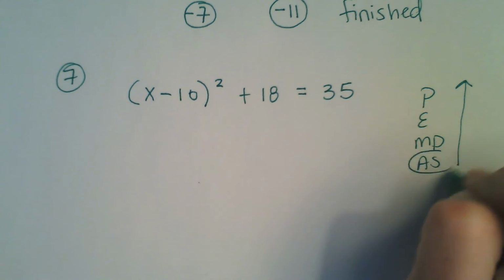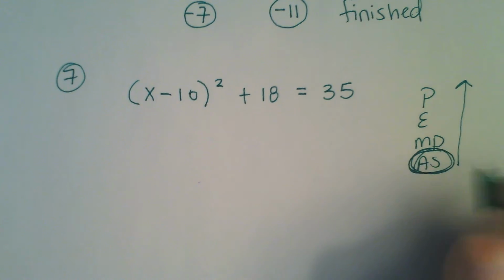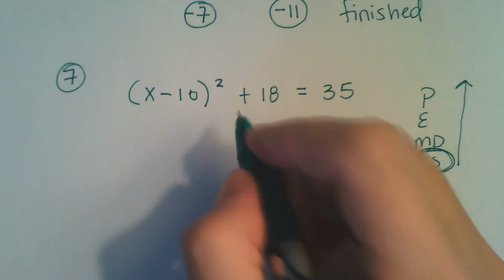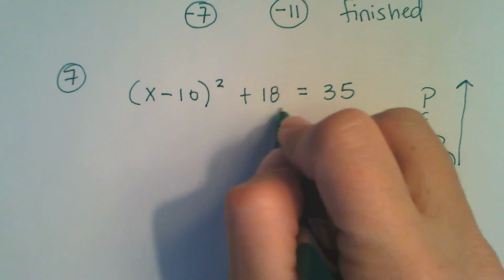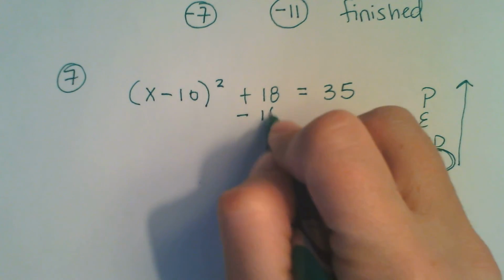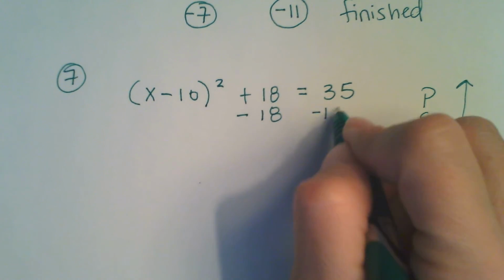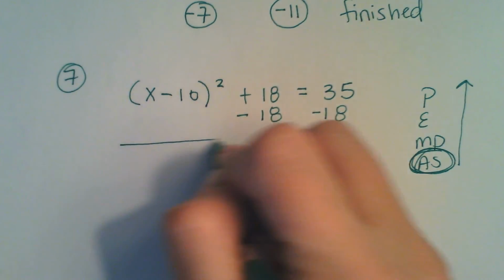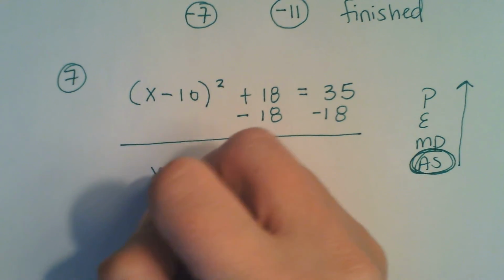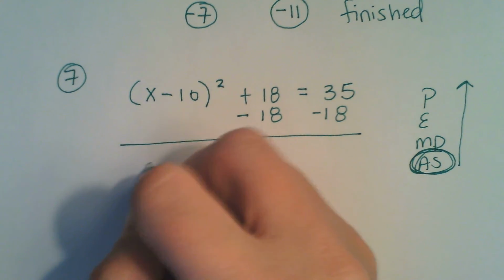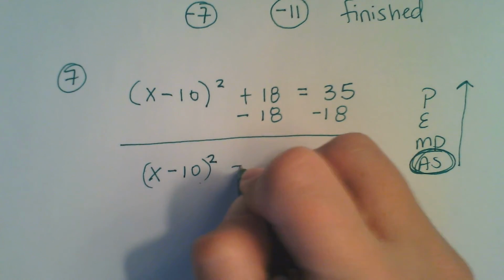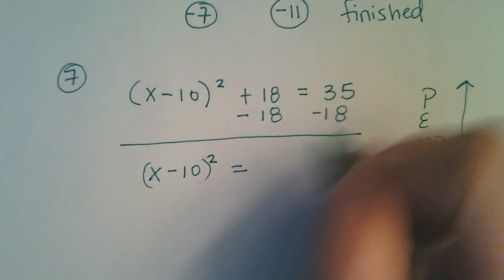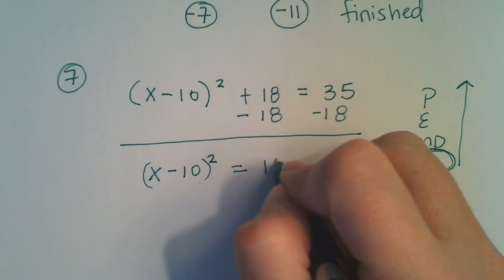So again, I try to start with undoing any addition or subtraction first. So I'm going to undo this addition. I can subtract 18 from both sides. (X minus 10) squared equals 35 minus 18, which is 17.